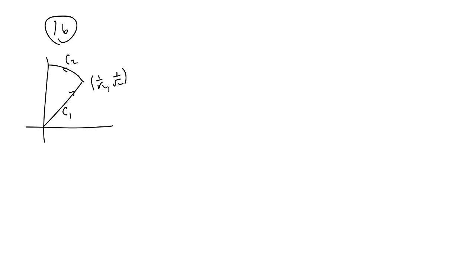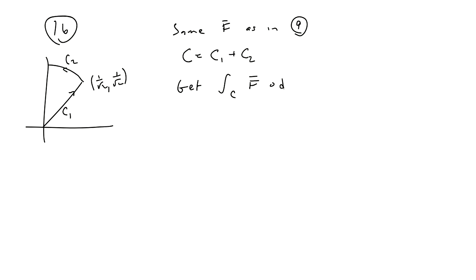So for the same f as in 9, but now C is not the closed curve, it's just the first two pieces. And again, I want to get this.